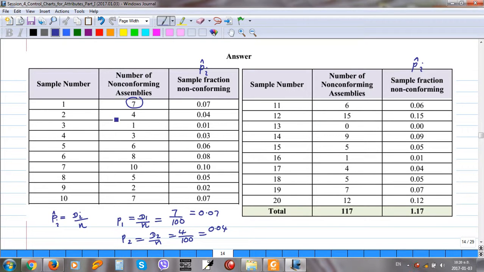After that you have to calculate the total. If you add the number of non-conforming assemblies, the total comes to 117.